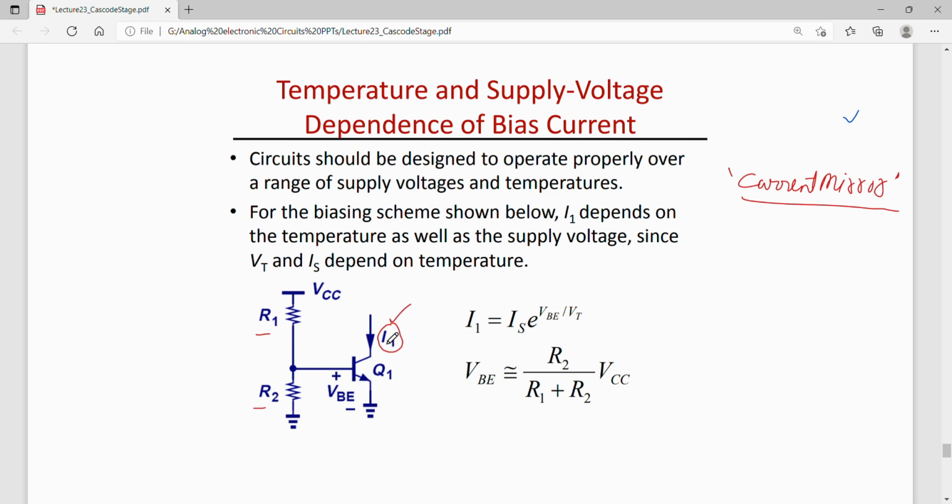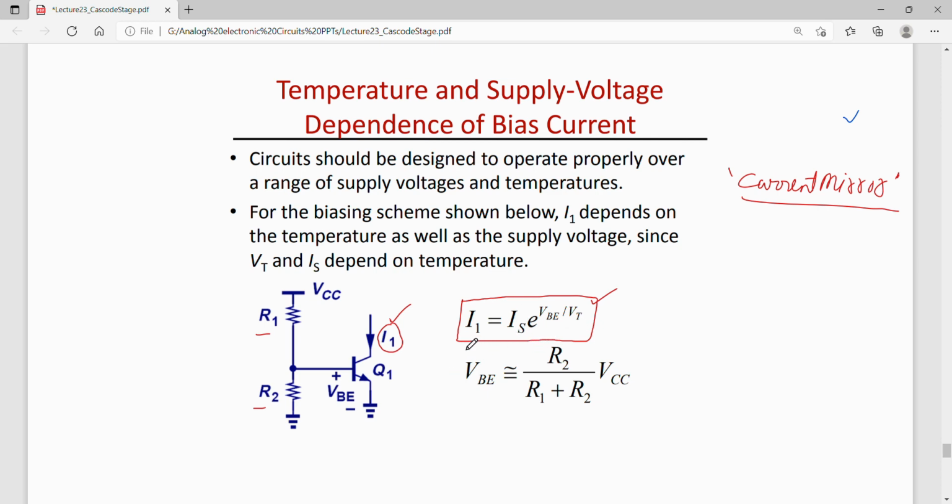We had learned how to find this collector current by simply using the PN junction diode equation. So this collector current I1 through Q1 is given as IS times e to the power VBE by VT, where IS is the saturation current.